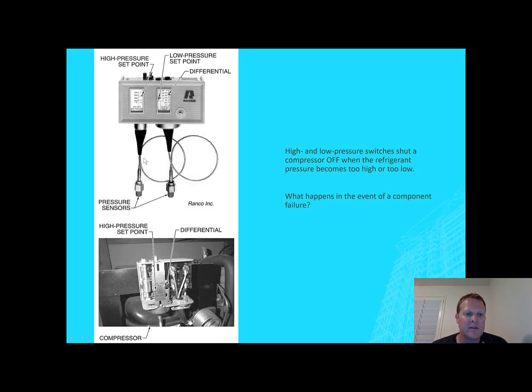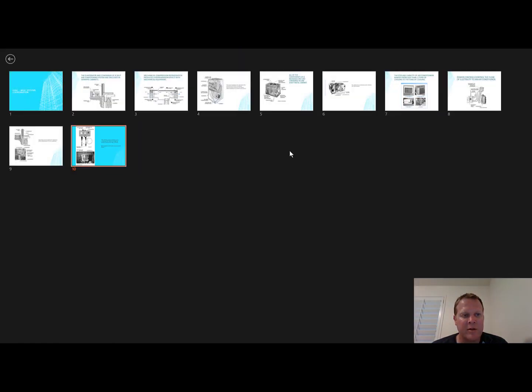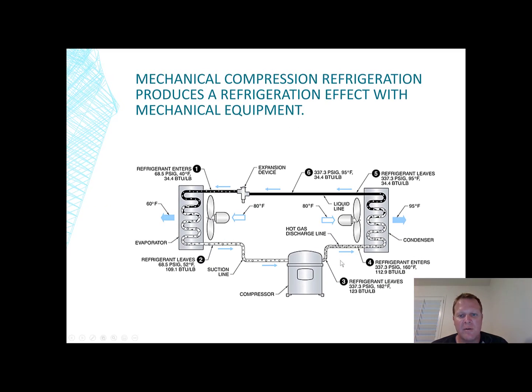And we told you there's controls inside your HVAC system in your home, differential pressure switch, high pressure switch, all kinds of stuff. Well, all that stuff is also in the larger projects. We went through the mechanical refrigeration process, right?